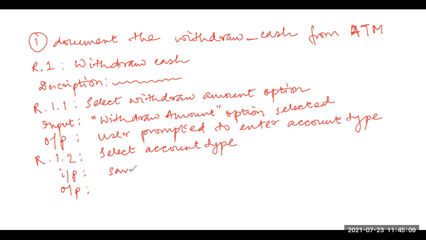There can be a savings account, a current account, or a deposit account. So a user will have to select any one of the accounts. And what will be the output? After the account is selected, the user is prompted to enter the amount.